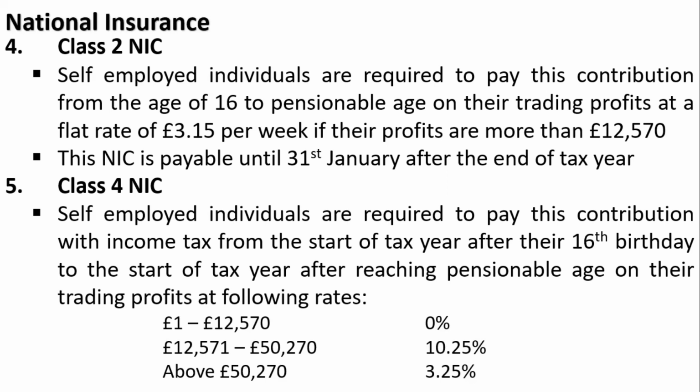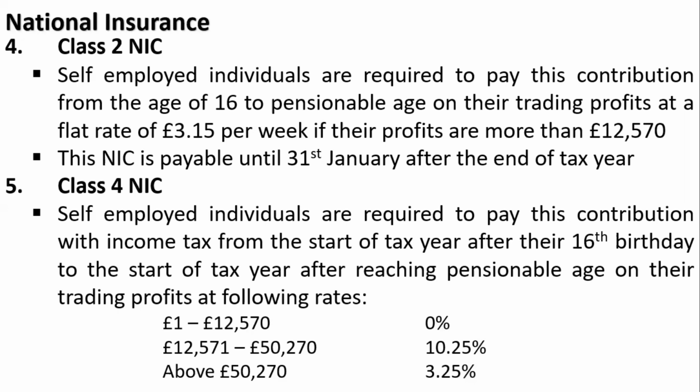So now let me sum up all these NICs. If a person is only an employee, he or she will pay only class 1 employee NIC on their cash earnings. Story ends here for the employee. He will not pay by himself, but this will be deducted from his or her salary and paid to HMRC by the employer.